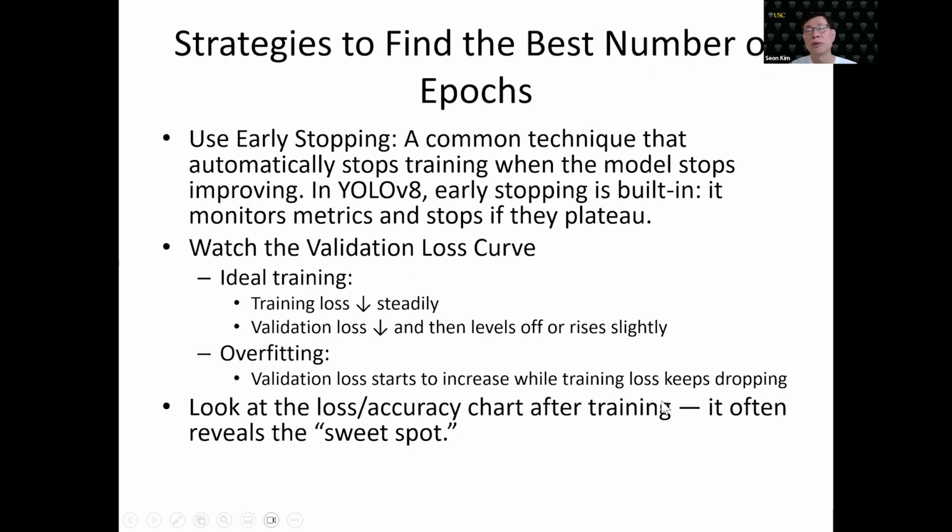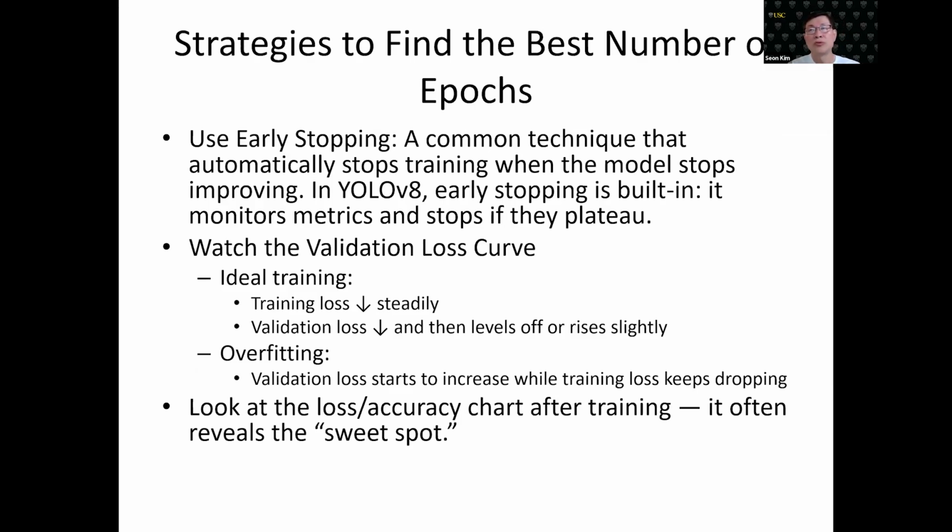Even though there is no clear or royal way to decide the best epoch number, in general this is a common strategy people are using. Previously I explained the concept of patience, and that approach is called early stopping.